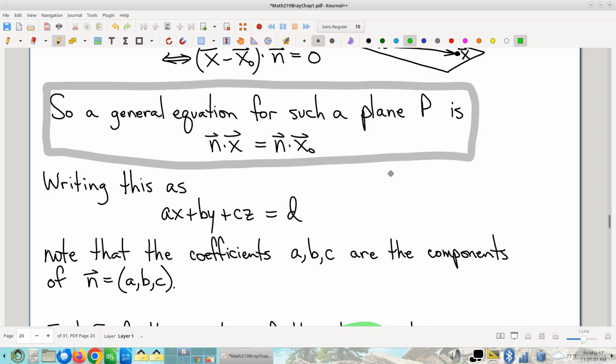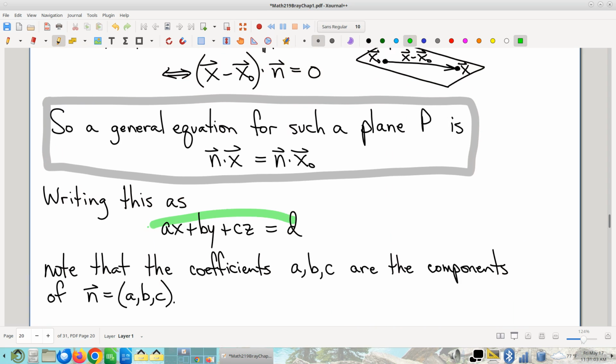Now, coming back up to here, the equation of the plane is going to be this, but so much nicer. Again, as previously discussed, let's think of it this way, because in this form, I can see exactly what I need. I need a normal vector. That's telling me geometric information.